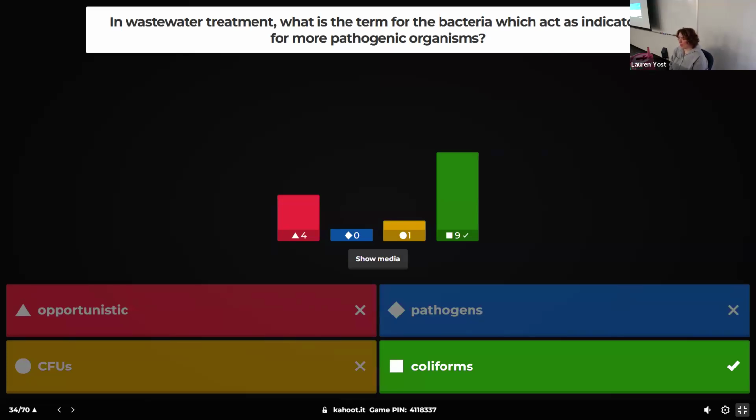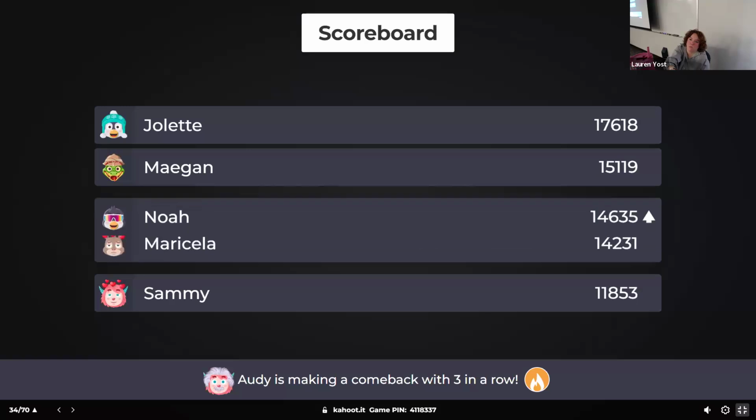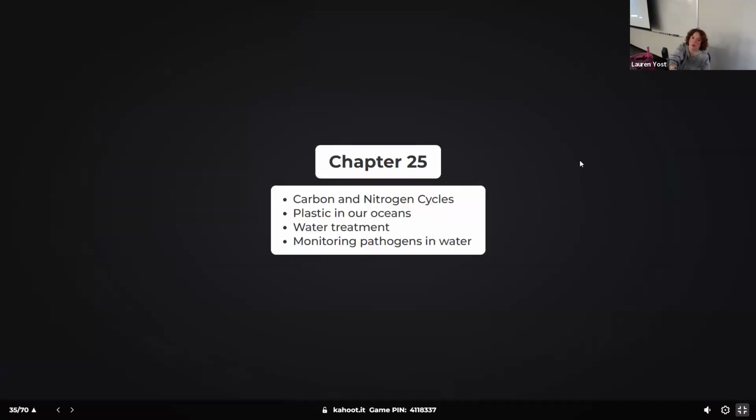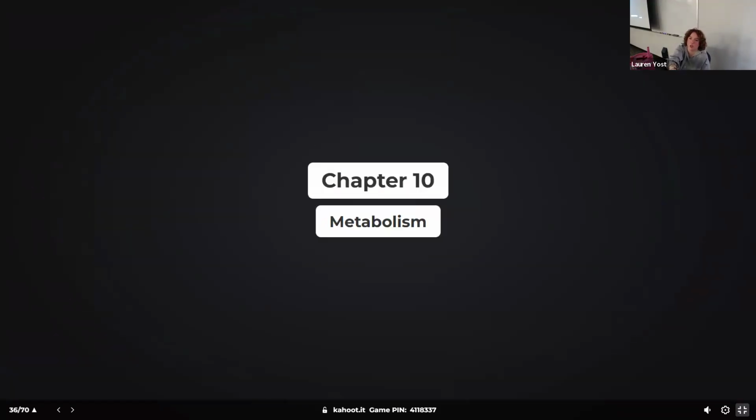Yeah, if you straight up ate fecal coliforms, it would make you sick, okay? But in small numbers in water, it is safe for them to be released back into the environment and be watered down by the environment and stuff like that. But if normal poop bacteria can make it through the process, so can pathogens like cholera and salmonella and shigella and giardia and things like that. Not all poop bacteria are bad. Okay, so we're going to move on to chapter 10.